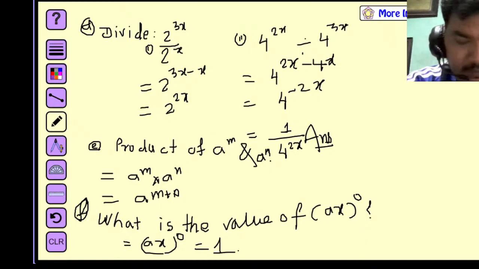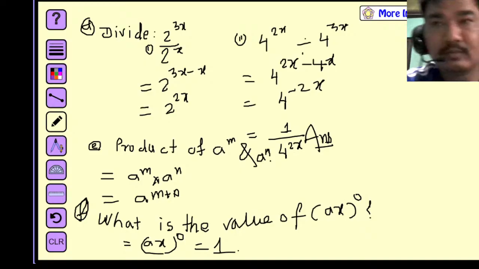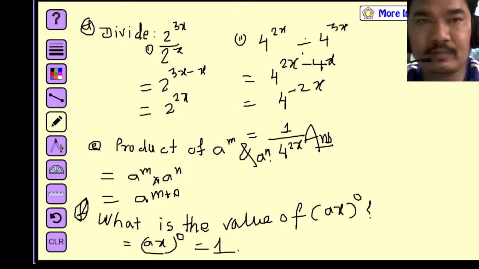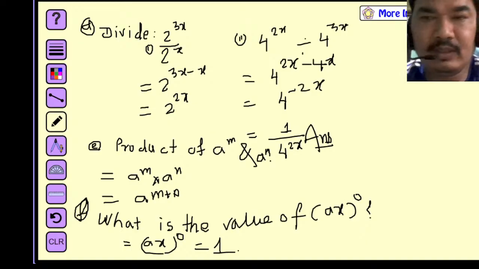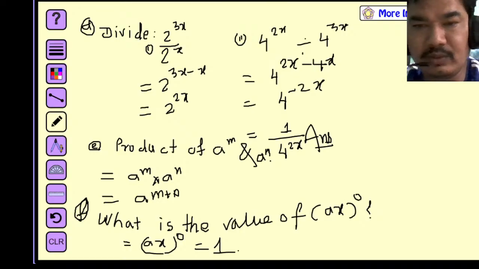See here. Look children. Rewrite the following, okay, without using this radical sign. Suppose this is given like this question, what will you do?